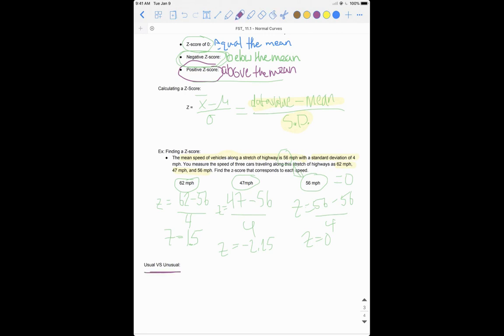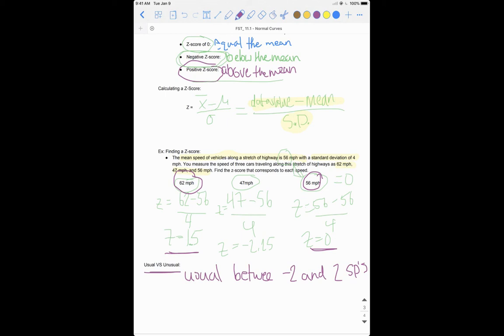And this is like whether it's a significant difference or whether it's not. And for us to say if something is usual, that means that it's between -2 and 2 standard deviations. Right, so in this case, if we look up top here, we have that 62 would be usual and 56 would be usual because their z-scores are between -2 and 2.